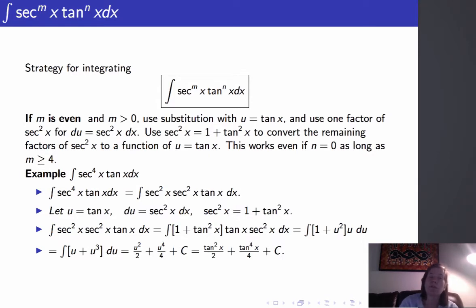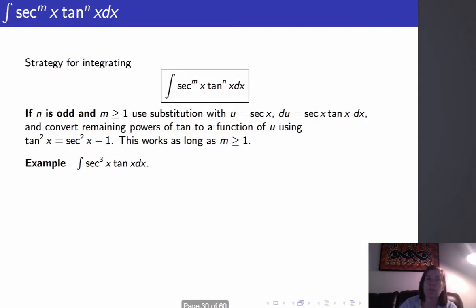It's the integral of u plus u cubed du, and of course that's u squared over 2 plus u to the 4 over 4 plus a constant, and then replacing the u by tangent of x, we get our final answer: the integral of secant to the 4x times tangent of x dx is equal to tangent squared of x over 2 plus tangent to the 4x over 4 plus a constant.